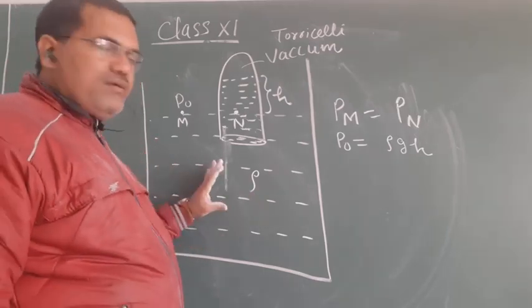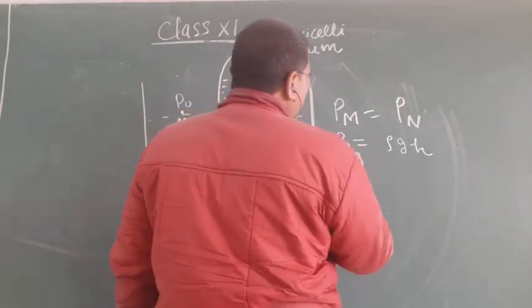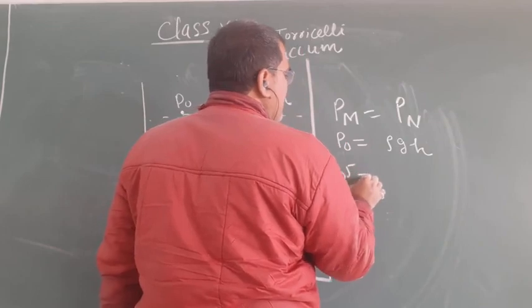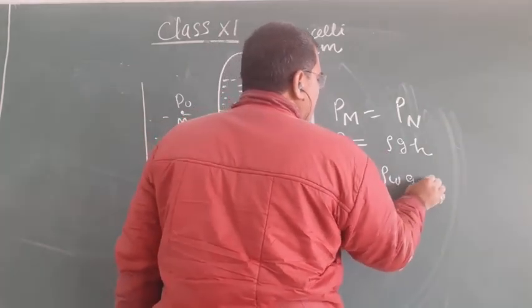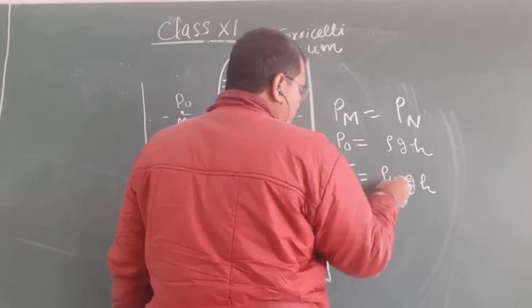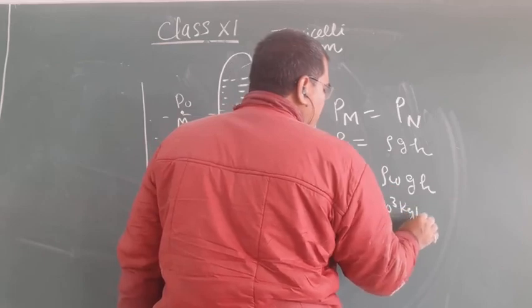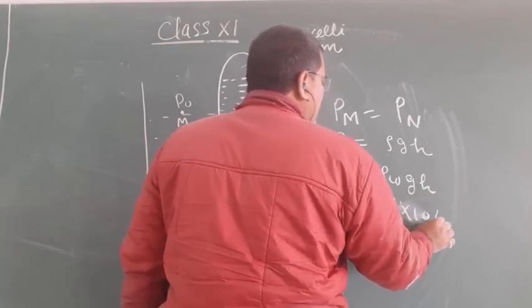Suppose we use water in making a barometer, then what happens? P naught is the atmospheric pressure, that is 10 to the power 5 Pascal. Density of water is 1000 kg per meter cube, g is 10.